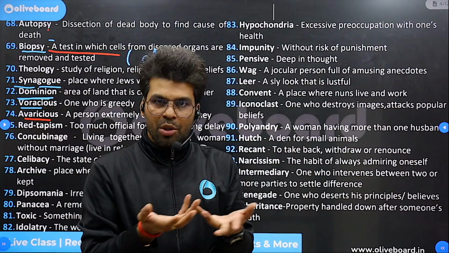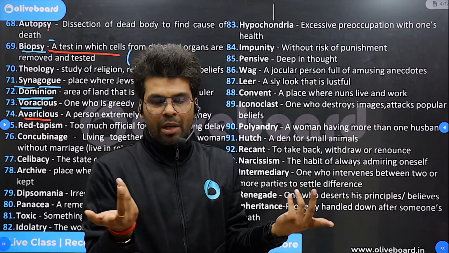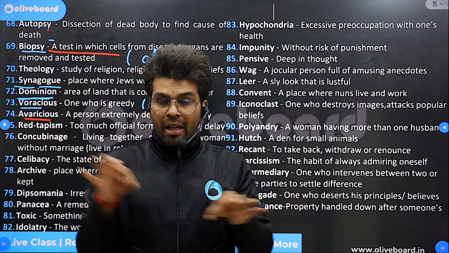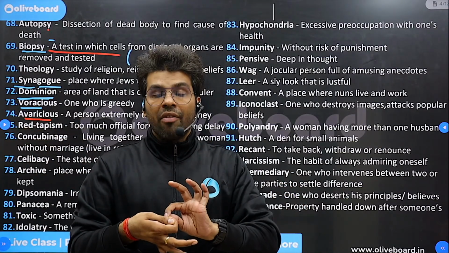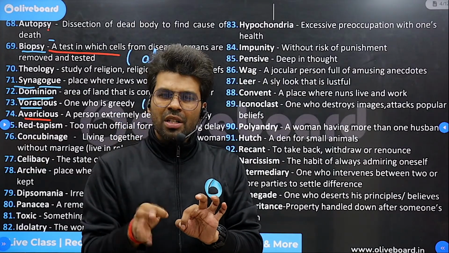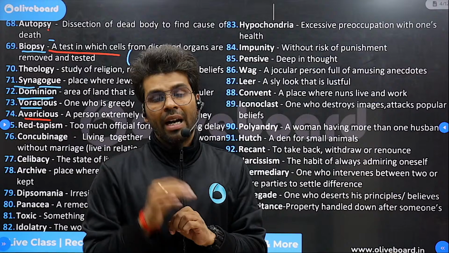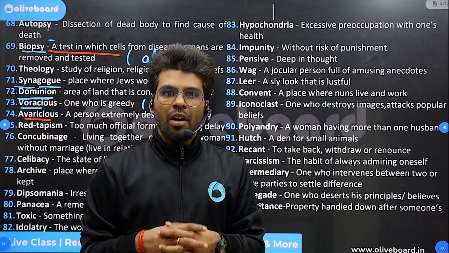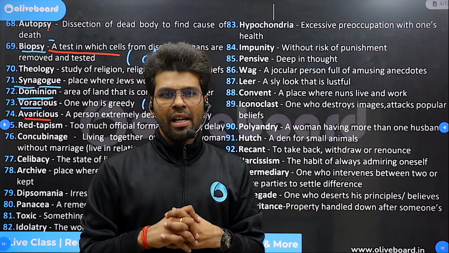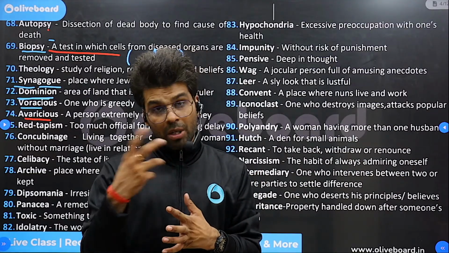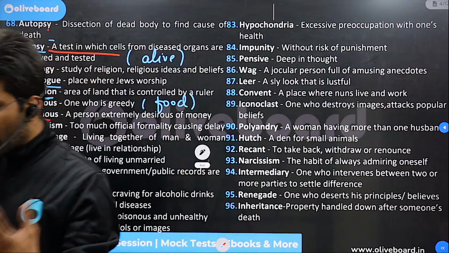That should have been done quite earlier, but I don't know why they are creating so much delay. Red tapeism: packing files with those red tapes, which creates official formality and unnecessary delay. So that's a process of creating unnecessary delay because of too much official formality. Quite common in offices, especially government offices.